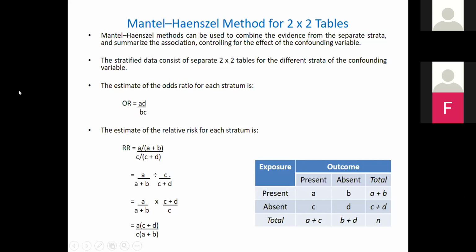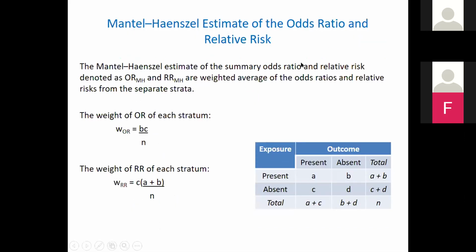And this is the formula for relative risk: A over A plus B, all over C over C plus D. Please, if you have an issue understanding, let me know. I will explain it. Otherwise, we'll just move forward. I think I have a visual of it, sir. Okay, no problem.